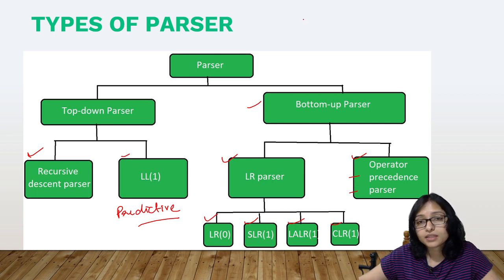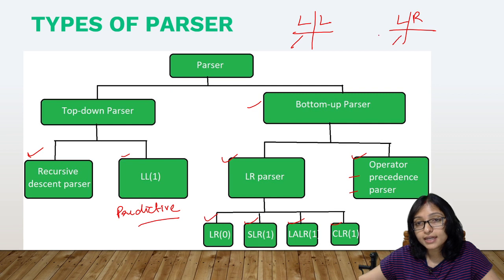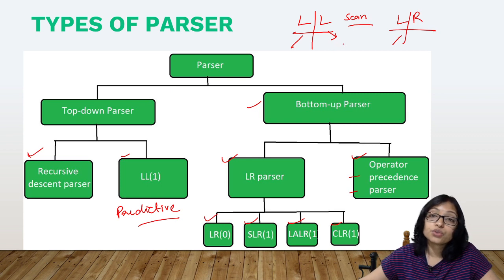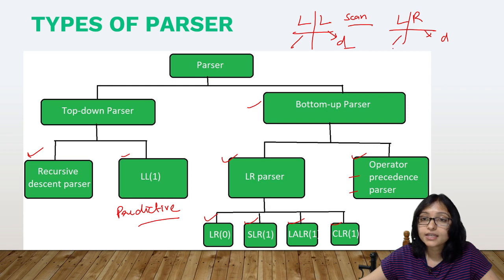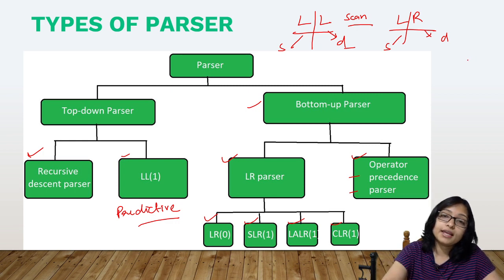Now remember one thing: LL and LR, what is the difference? The first part is telling you how the scanning is going on, and the second part is telling you the derivation. Always the second part is telling you derivation; the first part is telling you scan. So what is the meaning of LL?